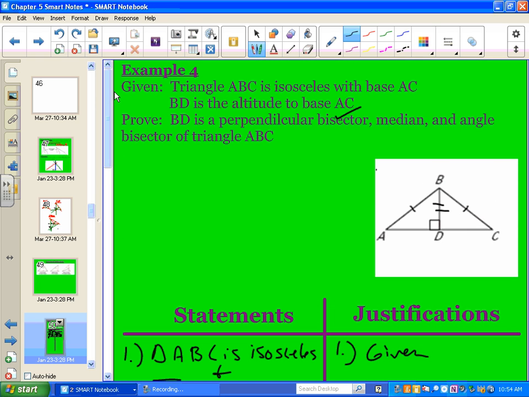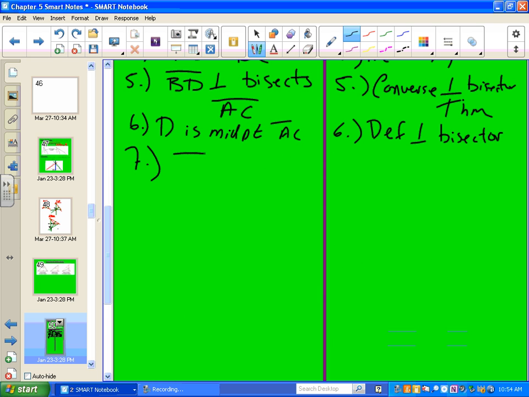Now, if D is a midpoint of AC, what does that mean? And choose carefully. Daniela. Yes, AD is congruent to DC. Justification. Good, definition midpoint.